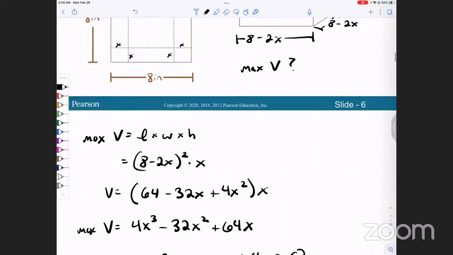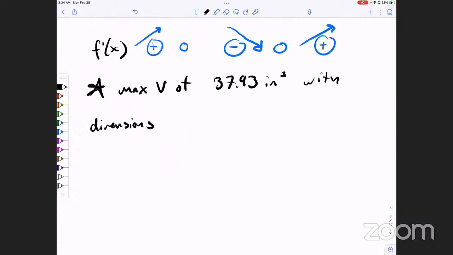So the dimensions are 5 1/3 inches by 5 1/3 inches by 4/3 inches. And these dimensions maximize the box, producing a max volume of 37.93 cubic inches.